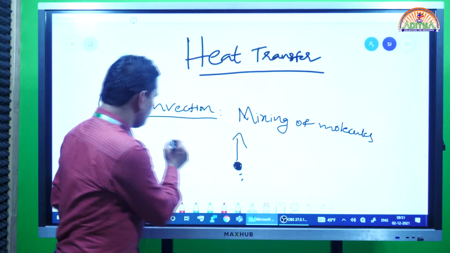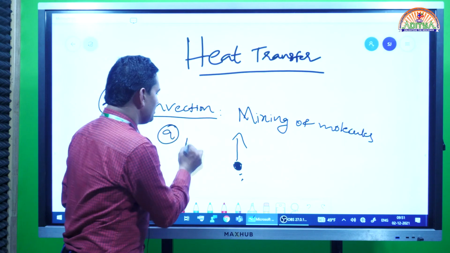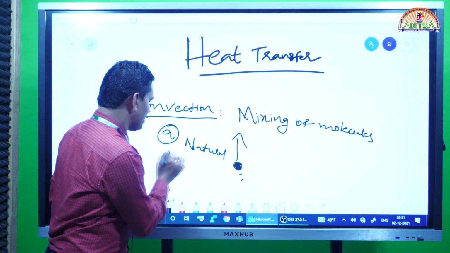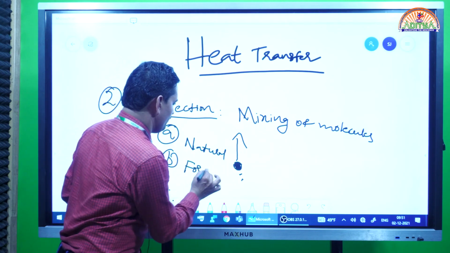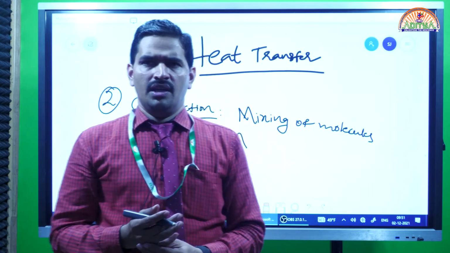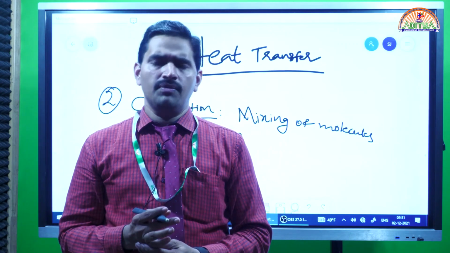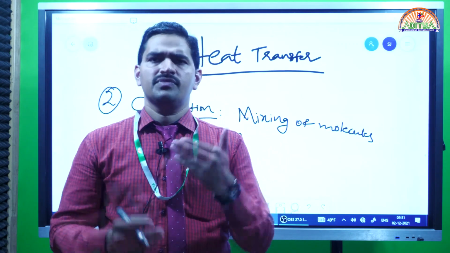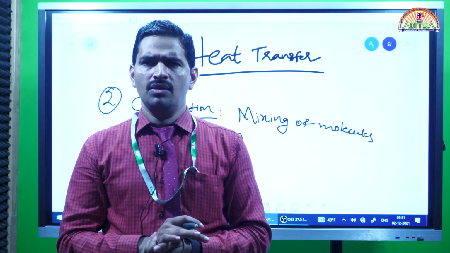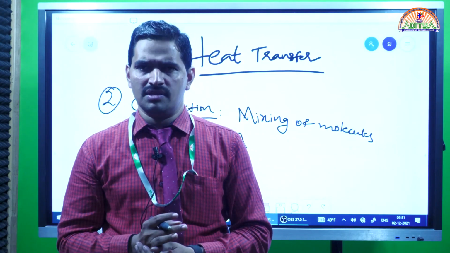Again, this is of two types: natural convection and forced convection. If you heat the water and the movement of the molecules happens on its own, that is called a natural process.